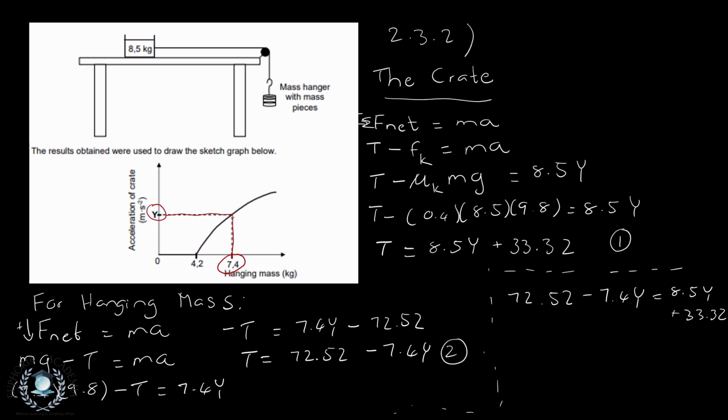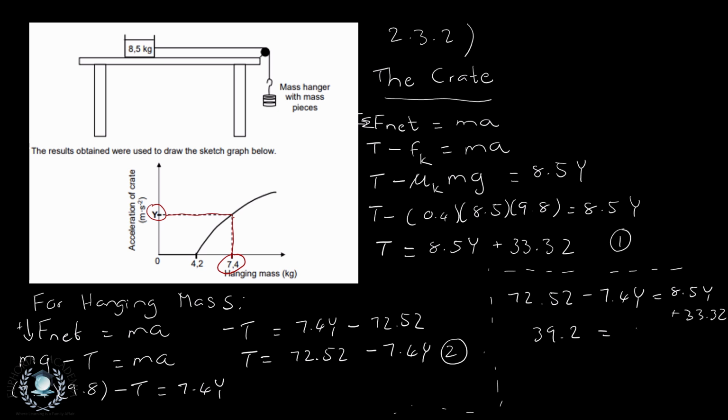So we're going to say 72.52 minus 33.32. We're going to find that we have 39.2 on the left hand side being equal to, now what is 8.5 plus 7.4?